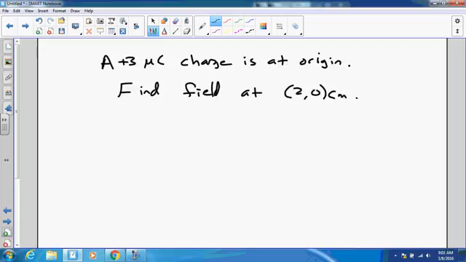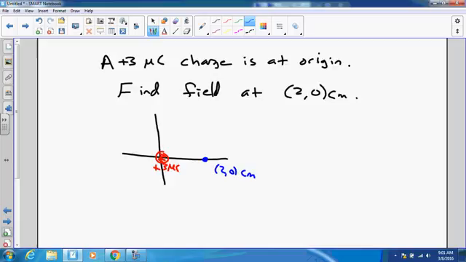So notice that we have a charge in a particular location, and we're now going to find the field at a different location. Let's go ahead and draw this so we know what we're talking about. We're looking at plus 3 microcoulombs right here. Now we're going to go over here to 2, 0 centimeters.